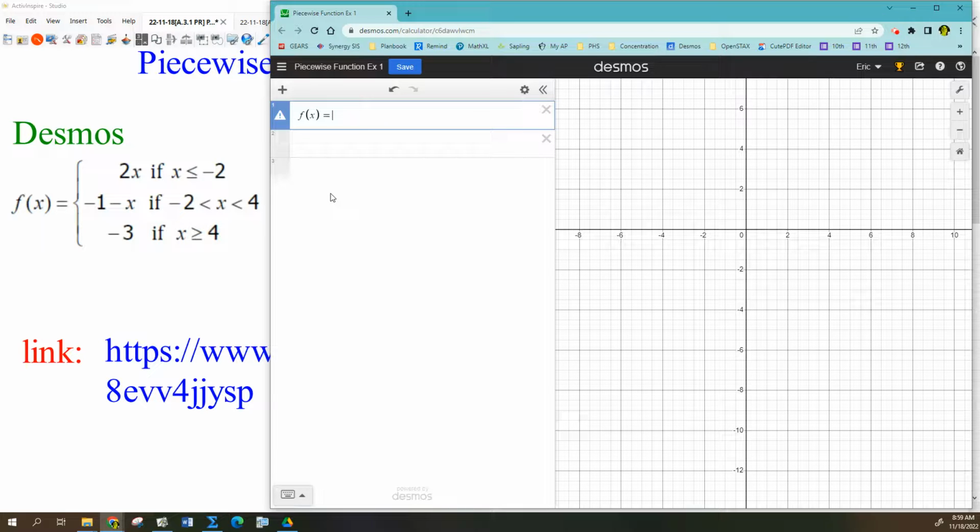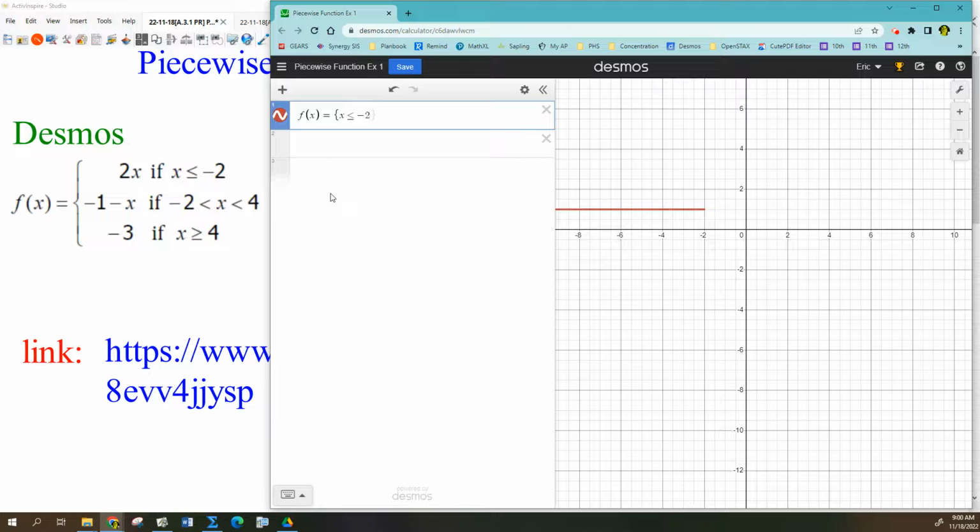So we're going to open a set of curly brackets, and then inside the brackets, we're going to include all 3 pieces of our piecewise function. Here's the recipe for building a piecewise function in Desmos. You do the domain of each piece first. So I would do x is less than or equal to -2, and then I have to attach that to a function.